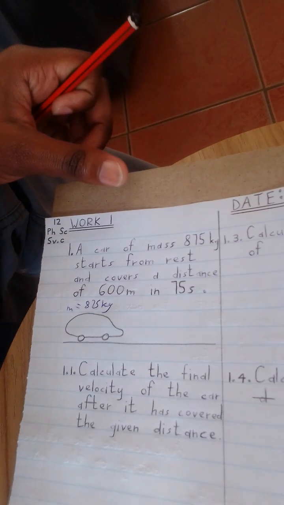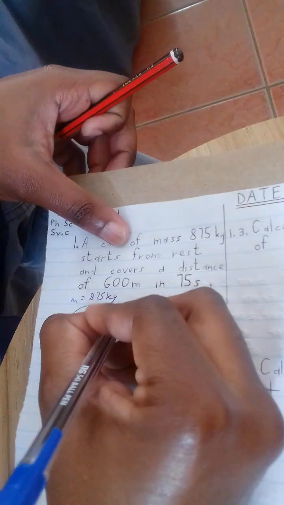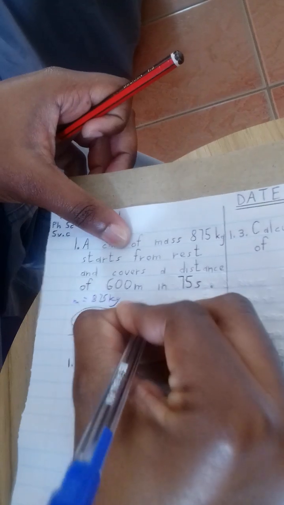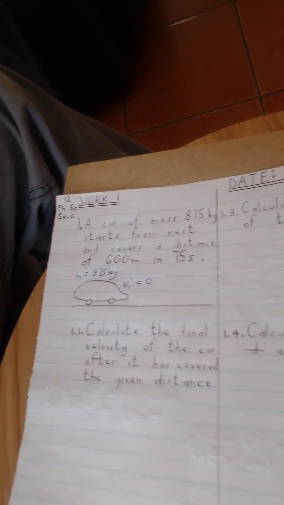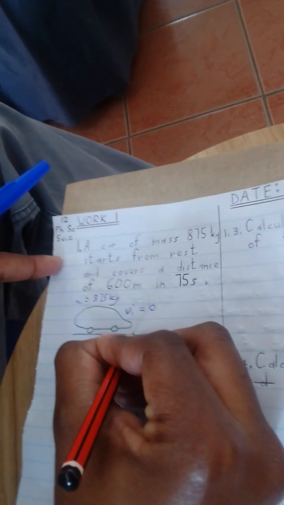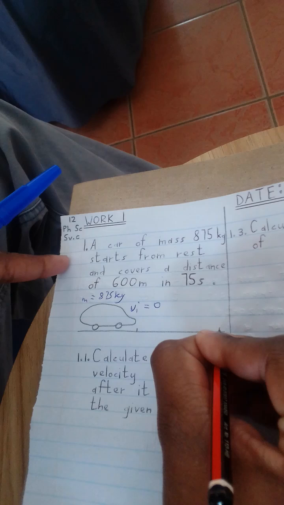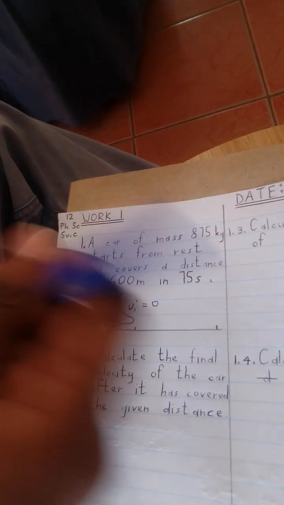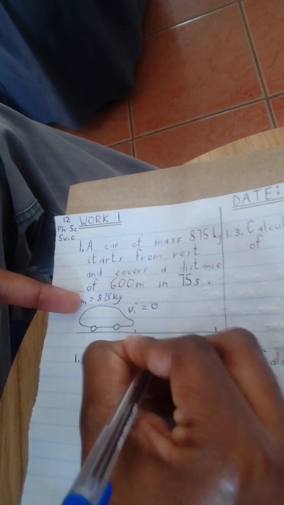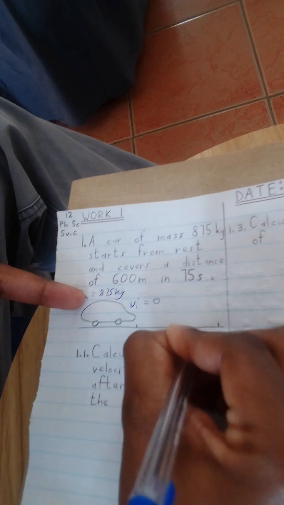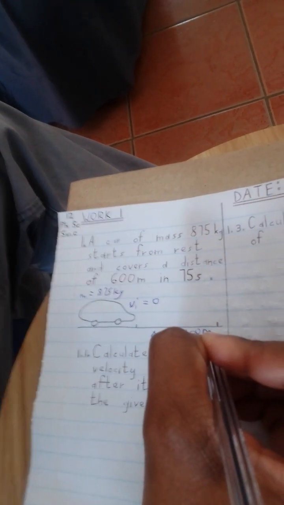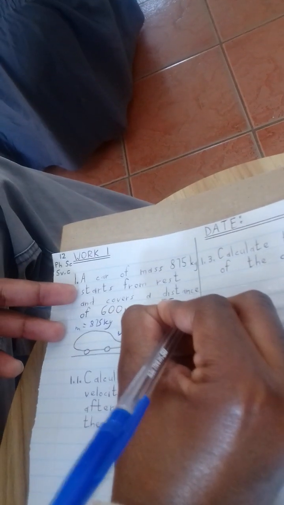It starts from rest, so the initial velocity is 0. From this point to this point, delta x is 600 meters, and the time taken is 75 seconds.